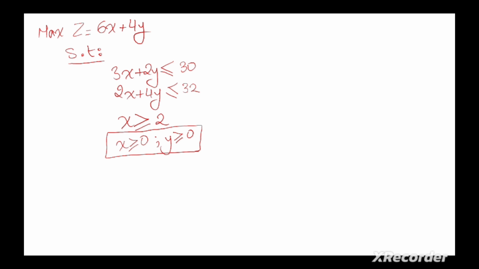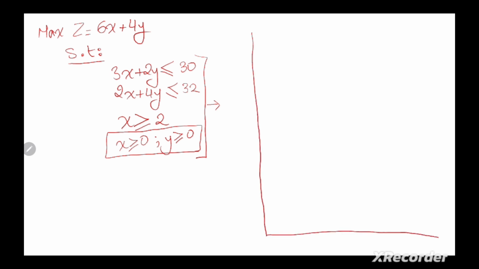So first, we want to draw these constraints. I set up my x-axis and my y-axis, and this is going to be approximate because I don't have the grid lines established. We will try to the best of our ability to have something feasible and logical here.